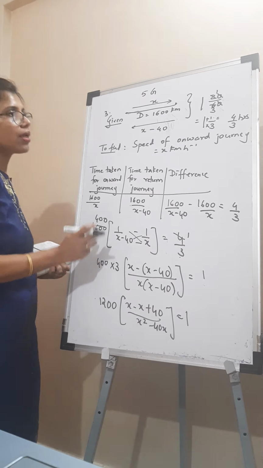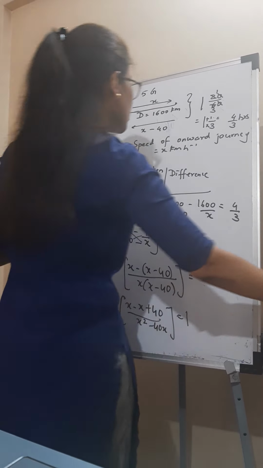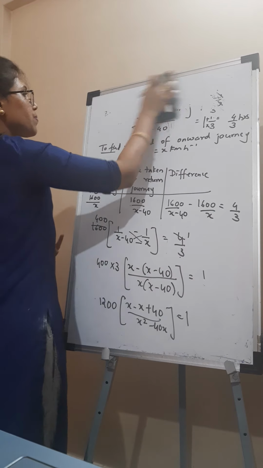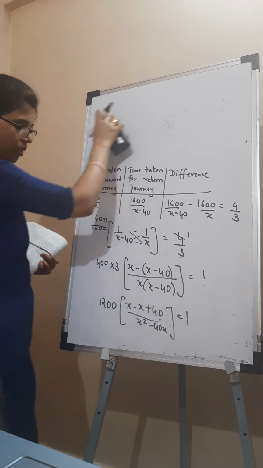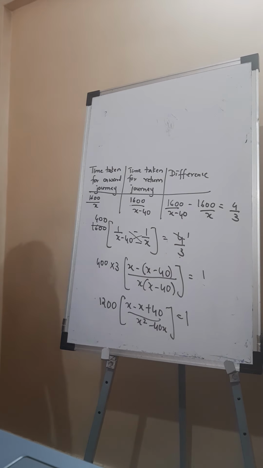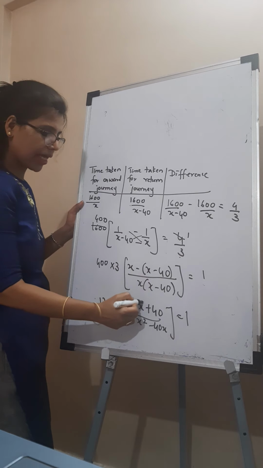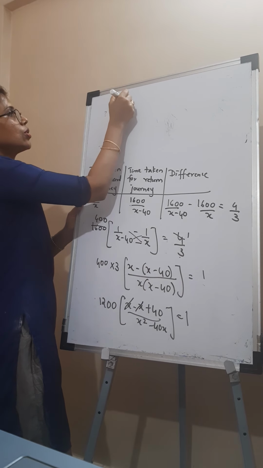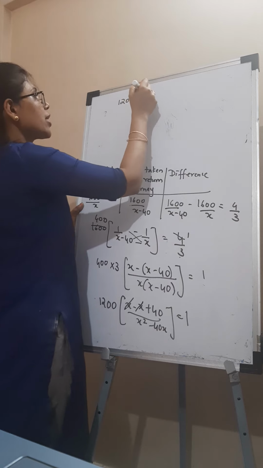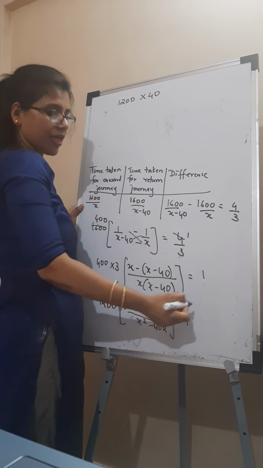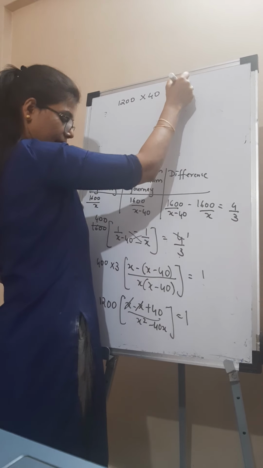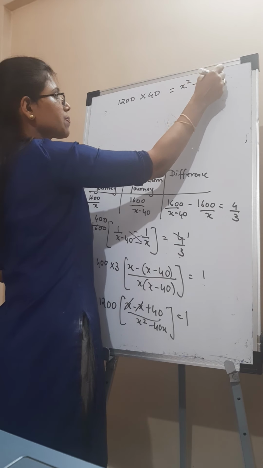Okay. Now I'll erase the part. So here minus x plus x I can cancel. So it is 1200 into 40, and I'll shift this x square minus 40x to this side, so I'll get x square minus 40x.